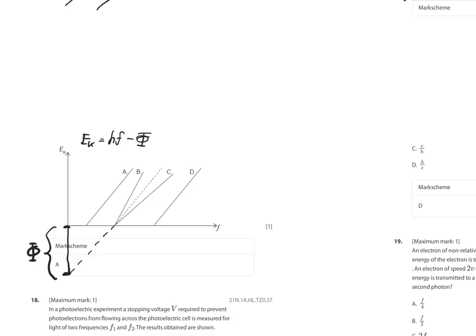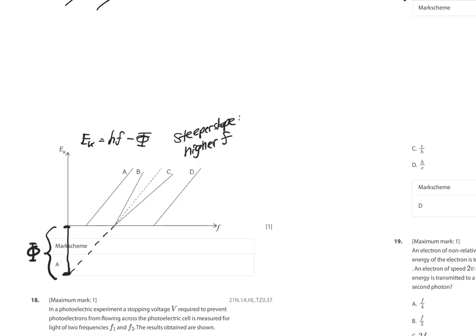So it's a smaller work function, meaning the y-intercept is going to be a smaller gap from 0. And the slope is not going to be any different. If there were a steeper slope, there'd be a higher frequency.